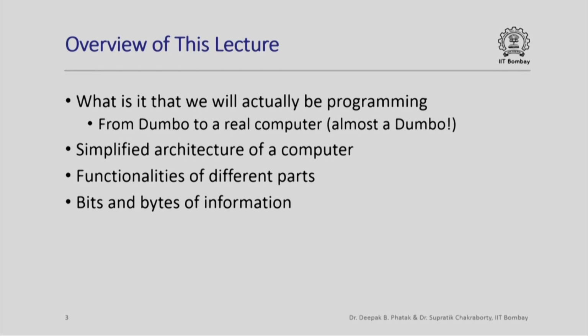We'll see a lot of similarities between what we have seen for Dumbo and what a real computer contains. But we would like to see what this real computer is, what are its different parts, what are its architecture, what do the different parts do, and how is information represented inside a real computer. So that is our agenda for this lecture.